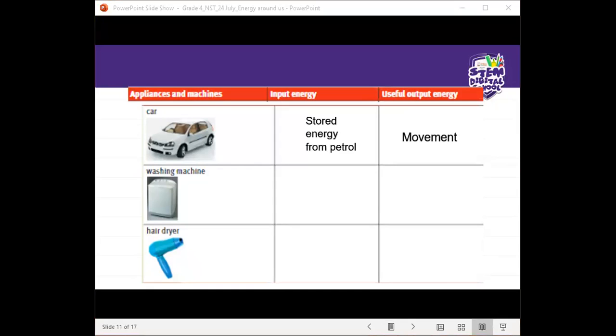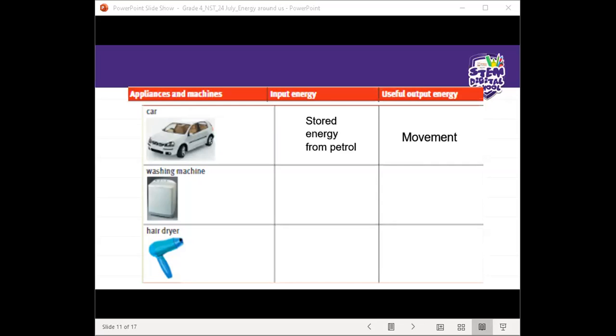You're welcome. Awesome. All right, Zoe. The input of the washing machine is electricity, and the output is... Oh, we lost you there, Zoe. We had your input, electricity, but we didn't hear the output.